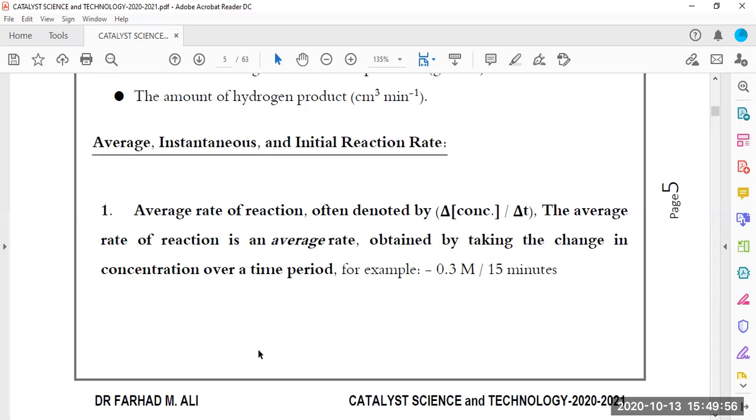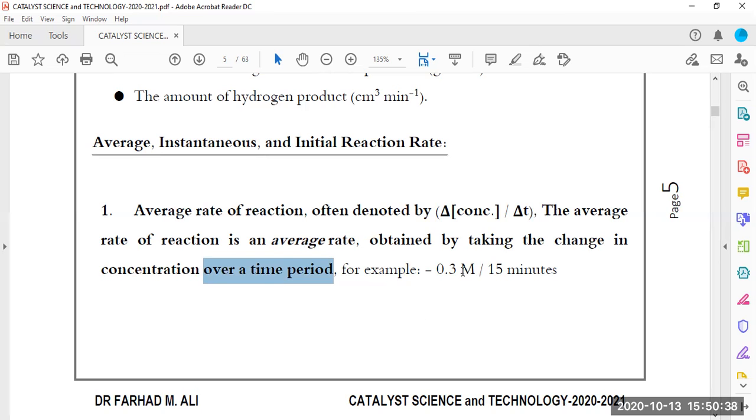We take that time and we take how much change happened in reactant or product, and we divide that change in concentration by the whole time. So that's called average. I think it's obvious from the name what we mean by average. So the average rate of reaction is obtained by taking the change in concentration over a time period, all the time, starting from the beginning until the reaction is completed.